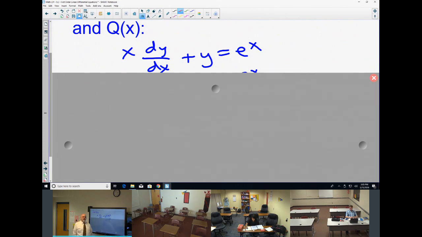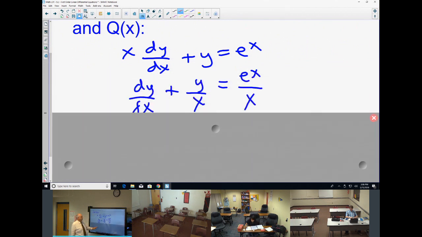Okay, so dy dx, and then what? I have e to the x over y. No, you don't divide by y. You just leave that y right where it is. What you need is to get the dy dx by itself. And so what you're doing is dividing by x. So you divide everything by x and you get that.